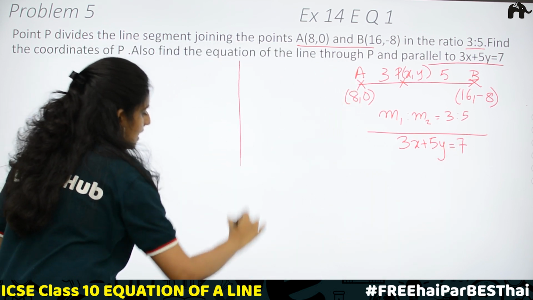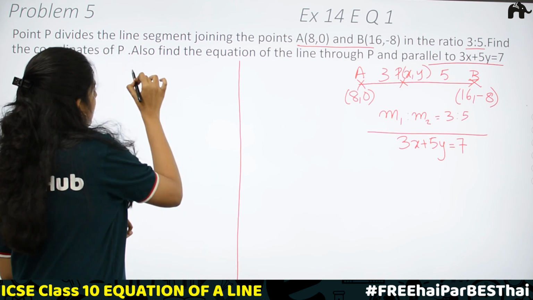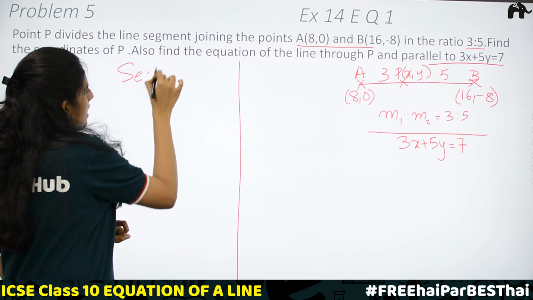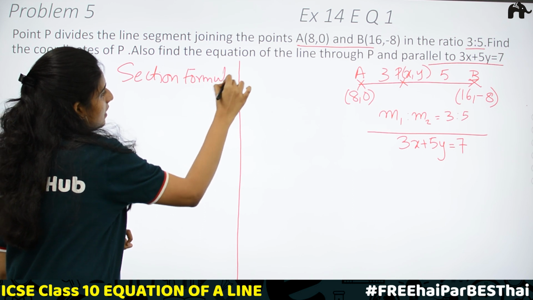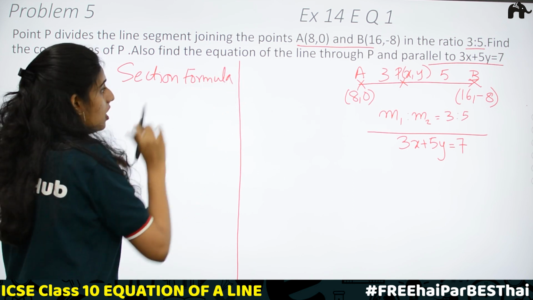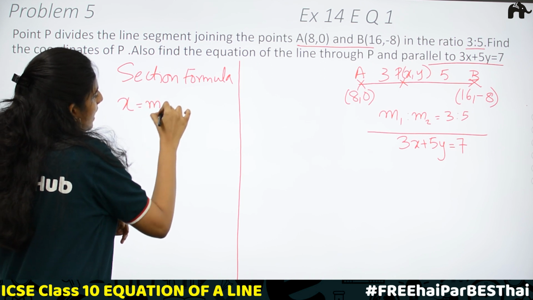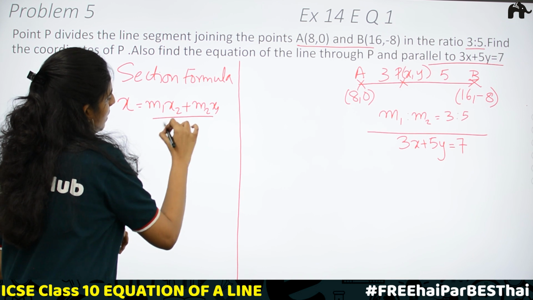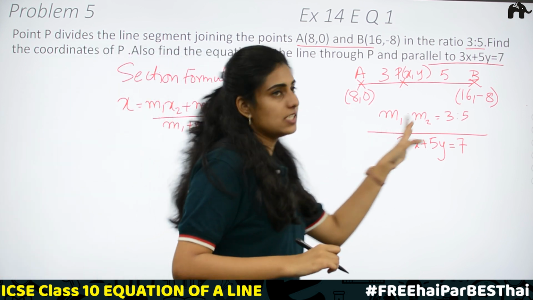Okay, first let us find the coordinates of P. Here we are going to use the section formula. You remember the section formula which we have discussed in the previous chapter? To find the x coordinate of point P, we have x is equal to (m1x2 plus m2x1) divided by (m1 plus m2). Here m1, m2 is the ratio.